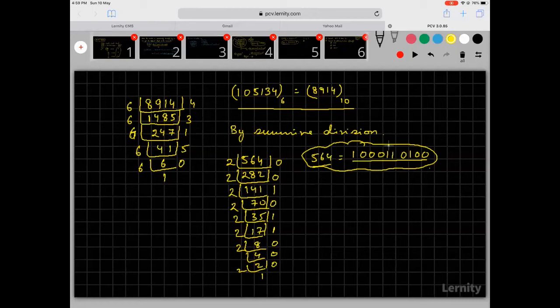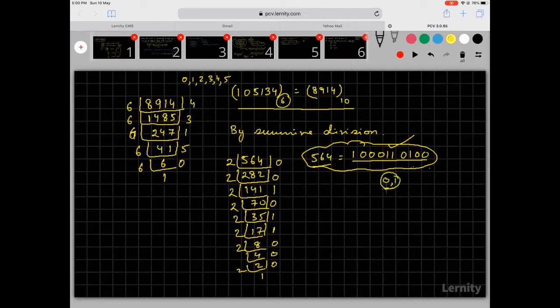Okay, so I hope you are able to understand this. Now one small observation. When I wrote numbers to the base 6, what were the digits that have been used? 0, 1, 2, 3, 4 and 5. When I wrote numbers to the base 2, 0 and 1.